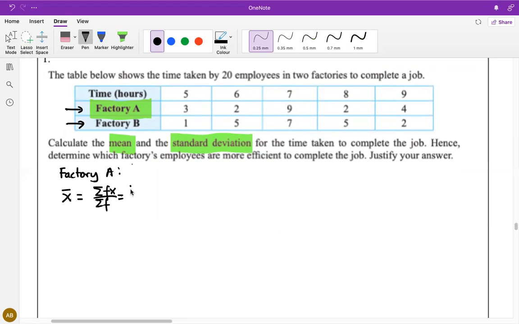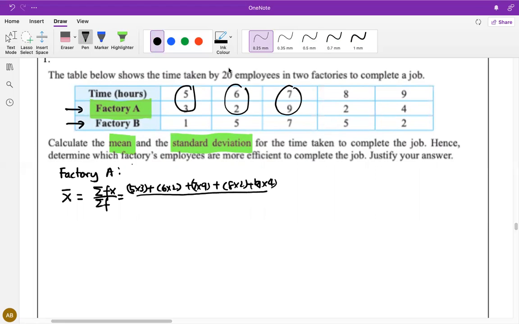Therefore it is 5 times 3, plus 6 times 2, 7 times 9, 8 times 2, and 9 times 4, over 20 employees. The frequencies are 3 plus 2 is 5, plus 9 is 14, plus 2 is 16, plus 4 is 20, correct?